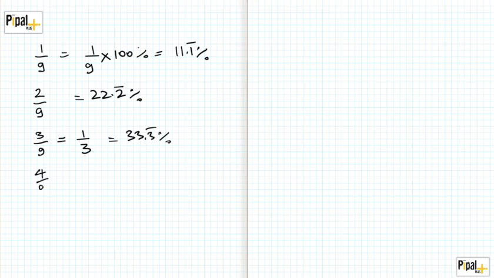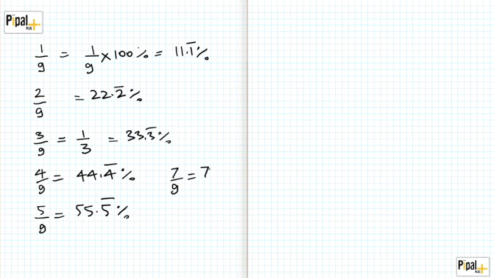Likewise, 4 by 9 will be 44.4444%. 5 by 9 will be 55.55%. 6 by 9 we know. 7 by 9 will be 77.777%, and 8 by 9 equals 88.8888%, right?